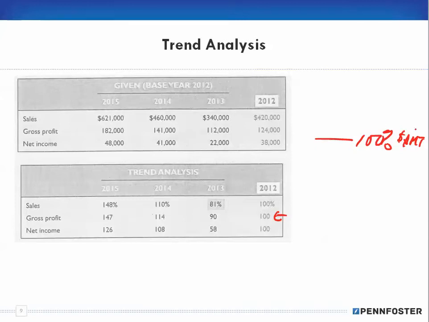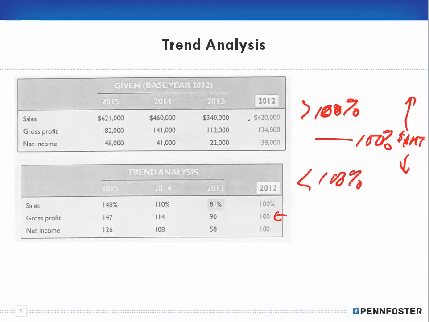If the amount is greater, then of course my percentage has to be greater than 100%. And if the amount is less, then my percentage has to be less than 100%.